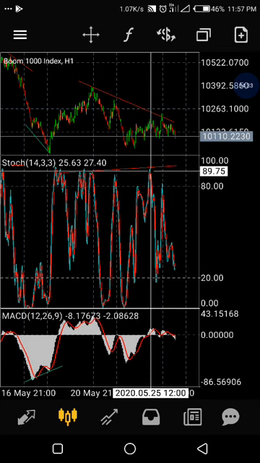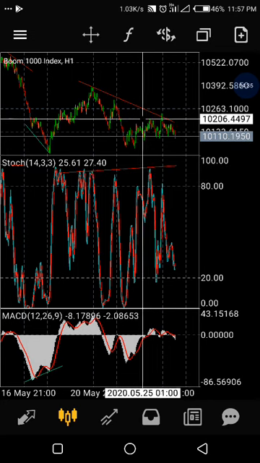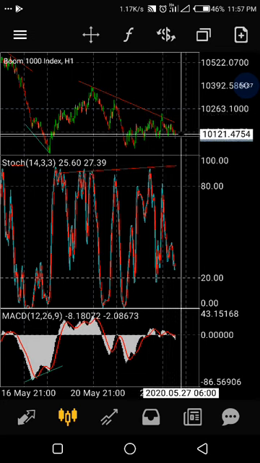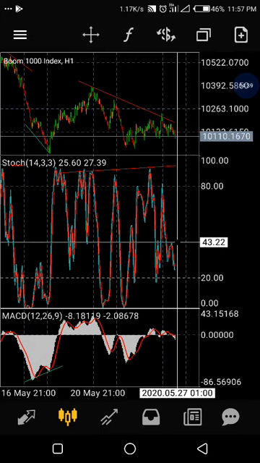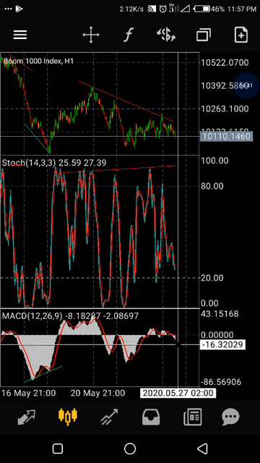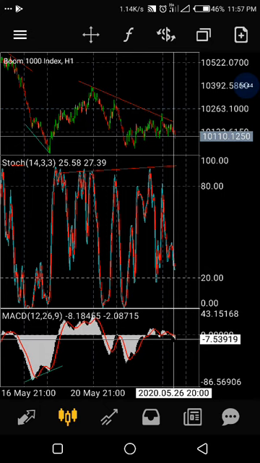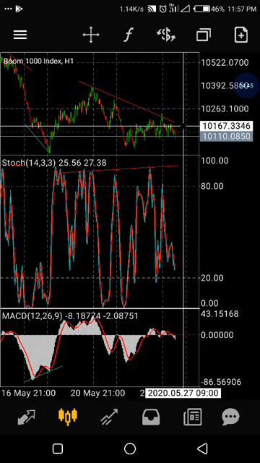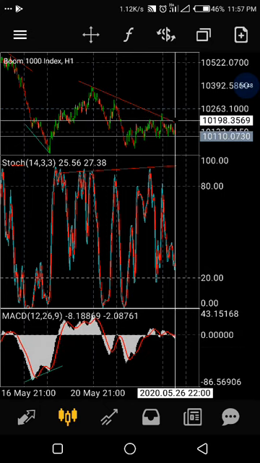You see, there's a divergence in this place. It's trying to tell you that the market will keep on going down. This MACD is showing us that it will continue going down because there's been a divergence here. So this is a negative divergence, that is a continuation of the trend.